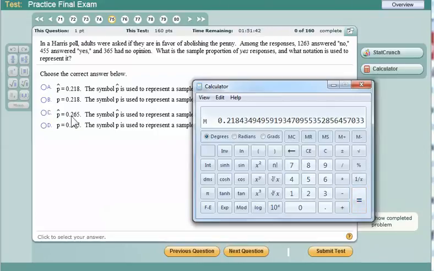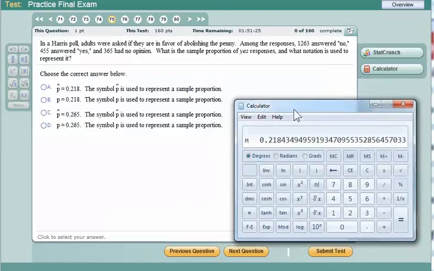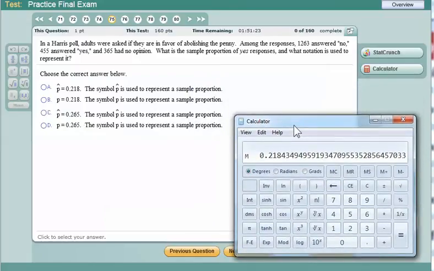Now I bet that this 0.265 was for someone who was only totaling the yeses and nos and ignoring the no opinion, because they thought, well, they have no opinion, so they have no bearing on this sample. Well, obviously they have a bearing on the sample, because they were people that were surveyed, and they just didn't give us our binary response.